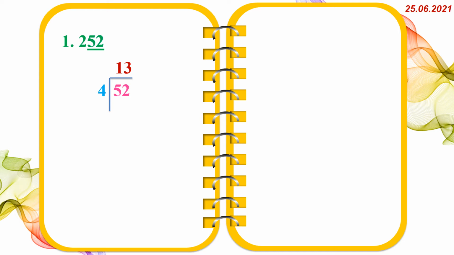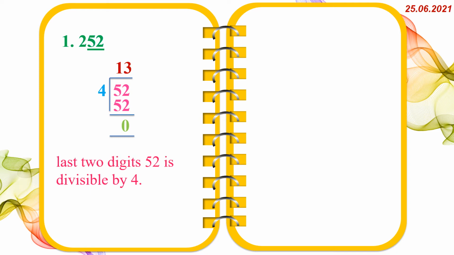Here, 13 fours are 52. Next, 52 minus 52 is 0. That is, the remainder is 0. Therefore, the last two digits 52 are divisible by 4. Hence, 252 is divisible by 4.